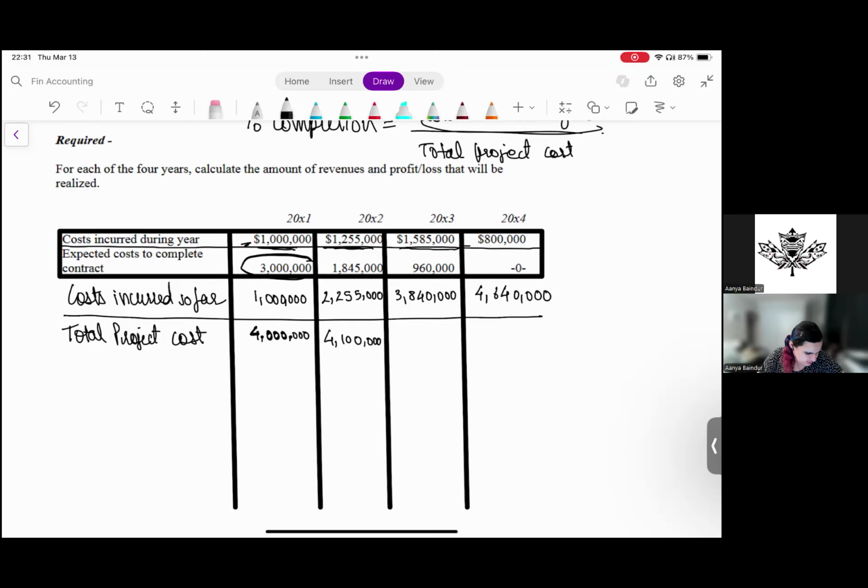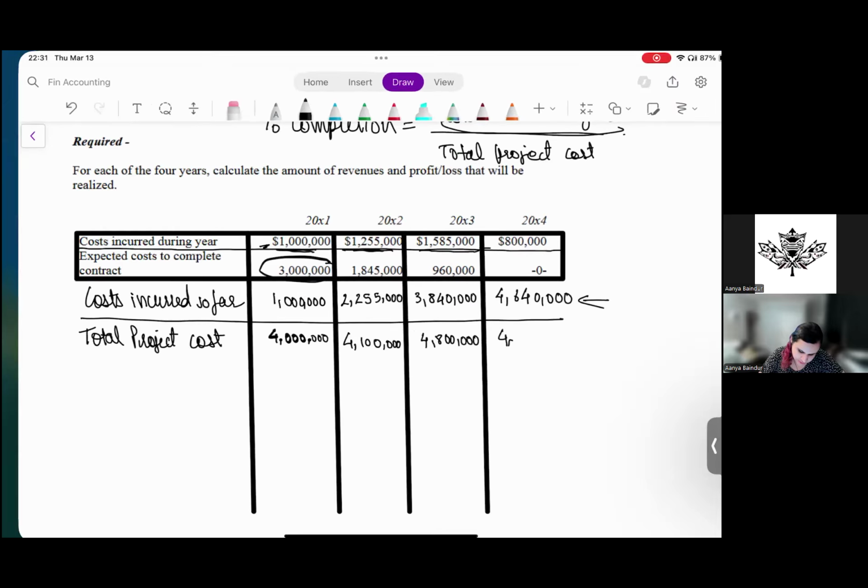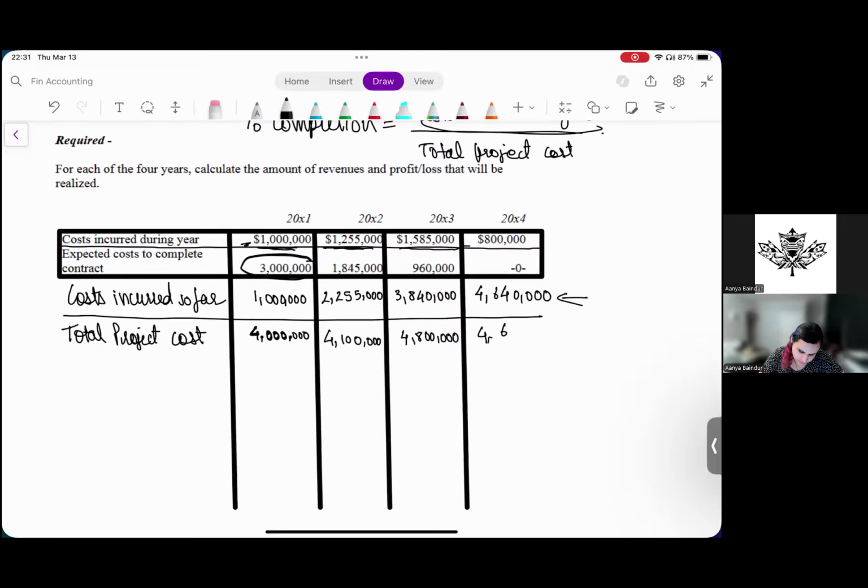That gives us 4,800. And for the last year, we've incurred all the costs, and the total amount of costs that we've incurred is... let me write that a little better.